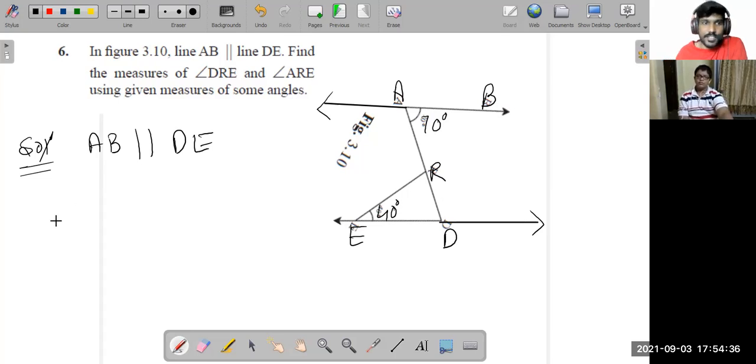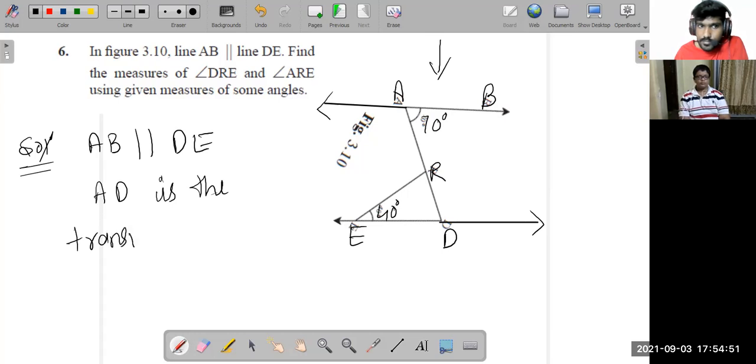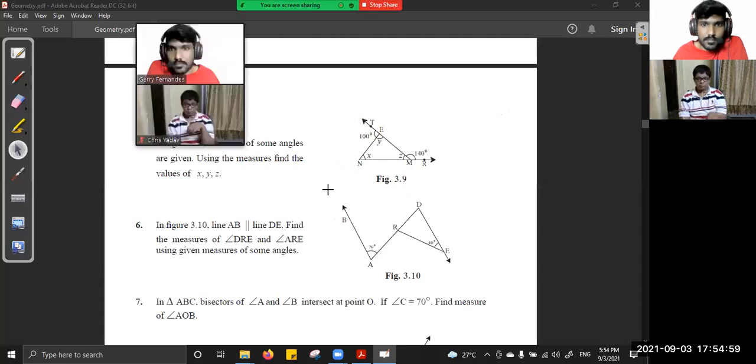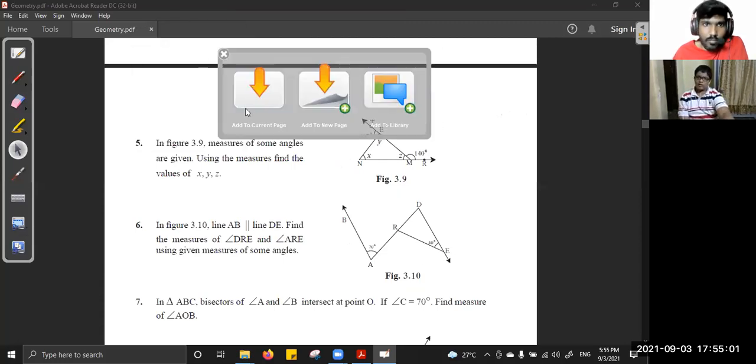AD, sir. Yes, AD is a transversal. You understood this diagram, right? Have you understood the diagram? Yes, sir.